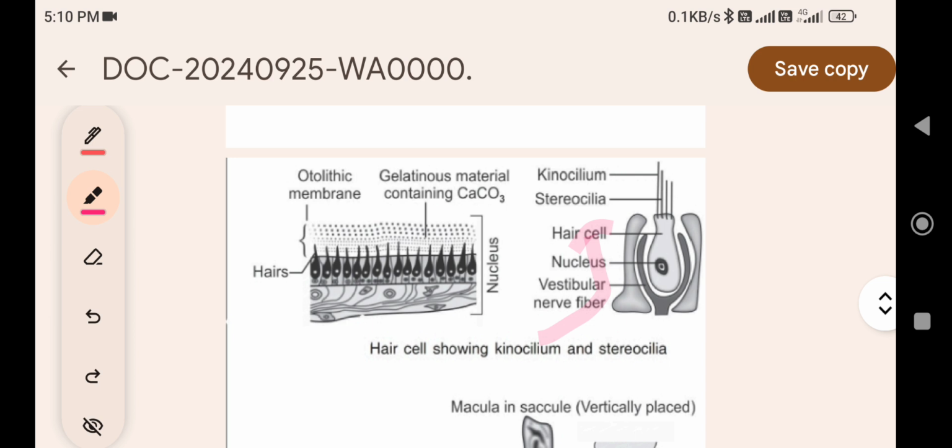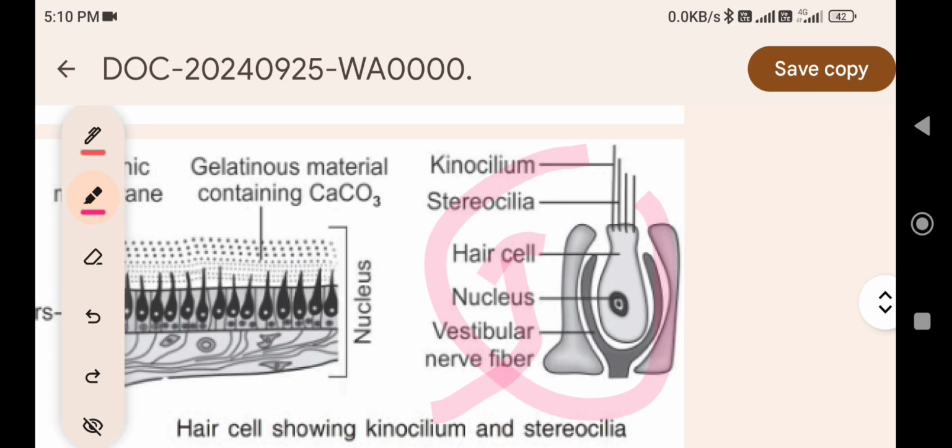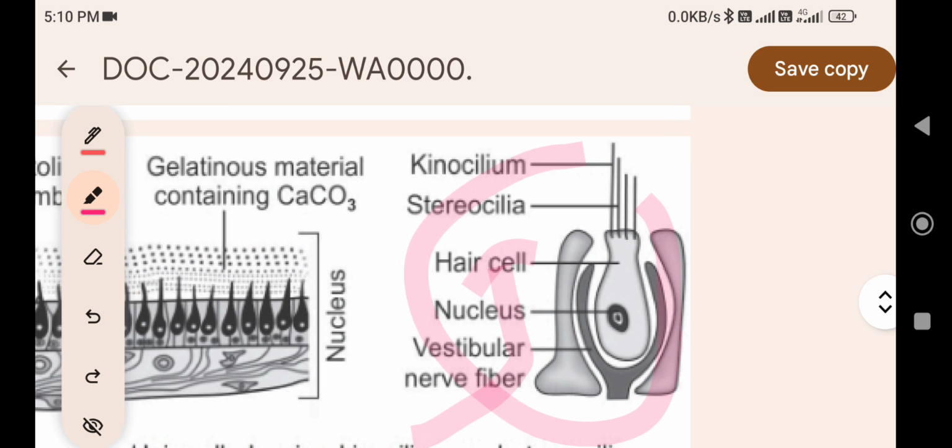It shows one hair cell having at one end a large non-motile cilium called kinocilium, and other small cilia with progressive decrease in height. If you take from the other side, it is a progressive increase in height, and those are called stereocilia.